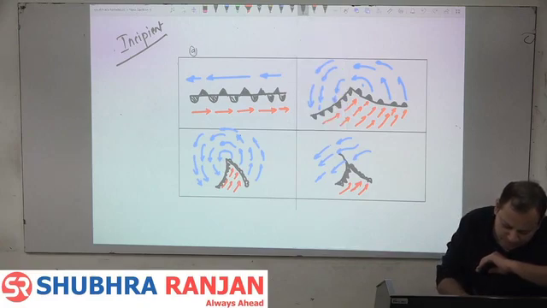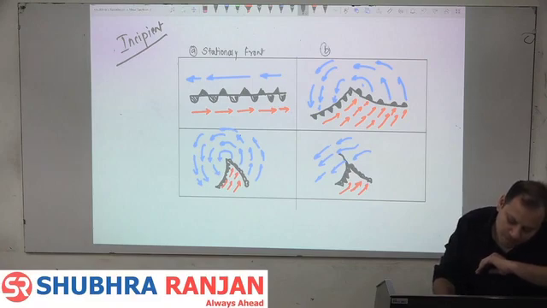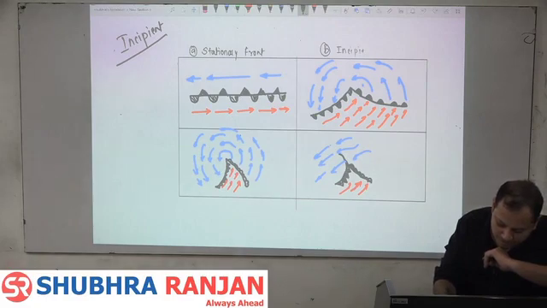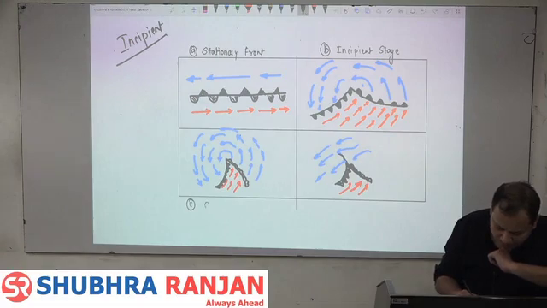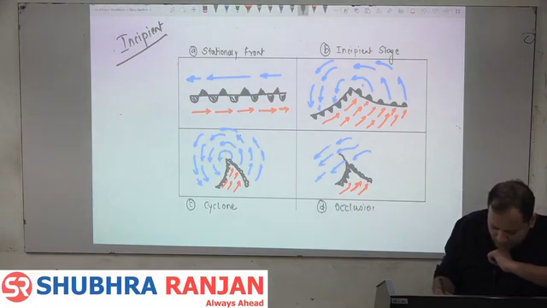Stage A, stationary front. Stage B is incipient stage. Stage C is cyclone. Stage D is occlusion.